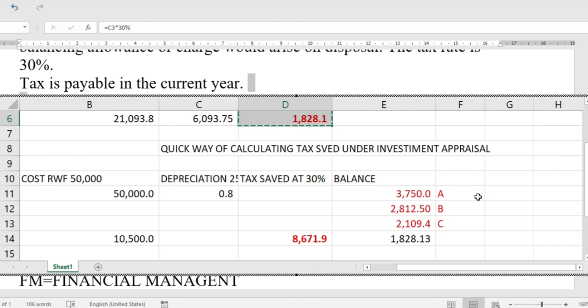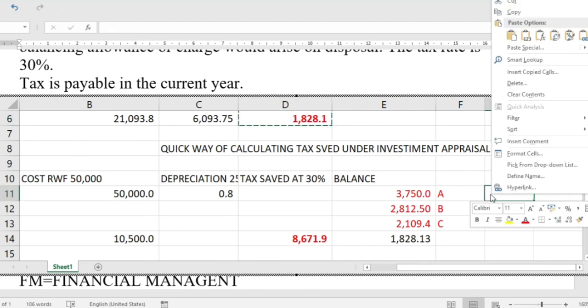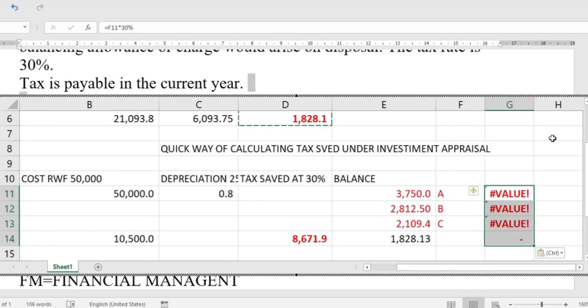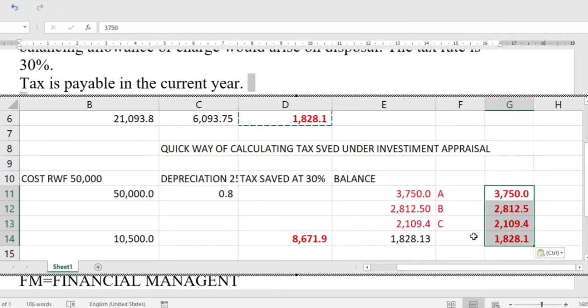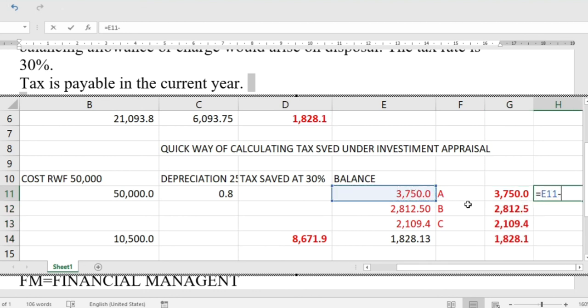Let me paste the values. Is it the same? Right, the same. This minus this is equal to 0. You scroll down, and you see it is the same.